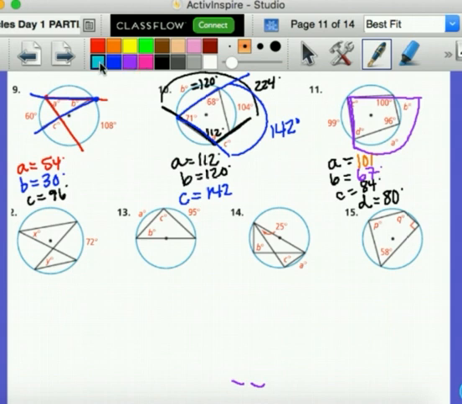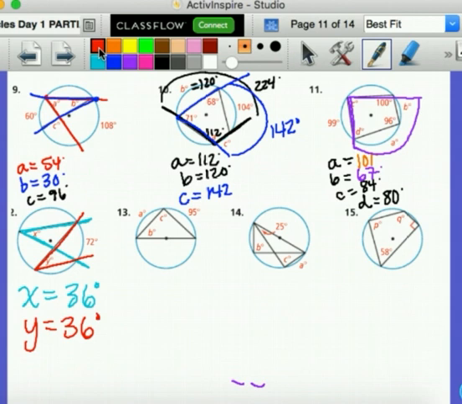Down here on the last row, we've got 72 as this arc, that intercepted arc of X. So if the measure of the arc is 72, the angle is supposed to be half of that, so X should be 36. Y is also an angle that intercepts that 72 degrees, so Y is also 36.